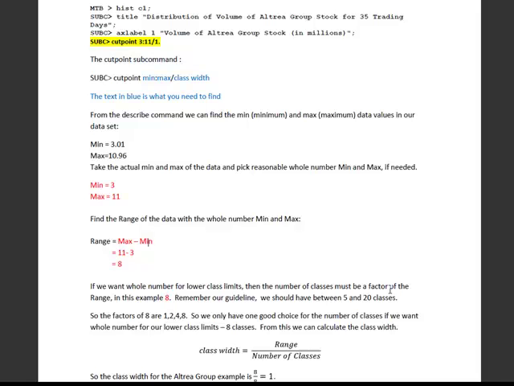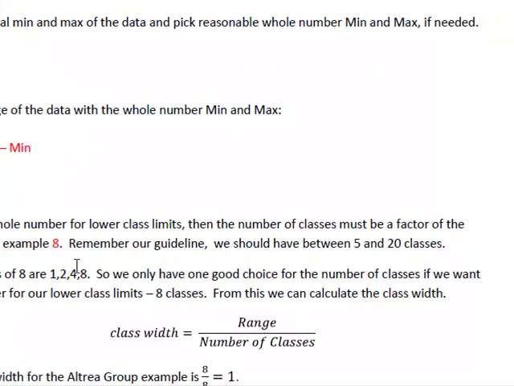So any of the factors of 8 are possible values for the number of classes we can have. But remember our guideline, we like to have between 5 and 20 classes. Less than 5, everything gets too bunched up, and anything more than 20, everything's too spread out, so we can't see some type of trend in the data.